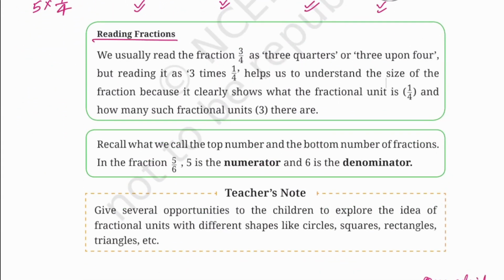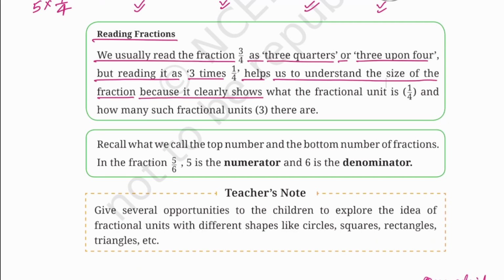Reading fractions. We usually read the fraction 3 upon 4 as 3 quarters or 3 upon 4. But reading it as 3 times 1 upon 4 helps us to understand the size of the fraction because it clearly shows what the fractional unit is and how many such fractional units there are.